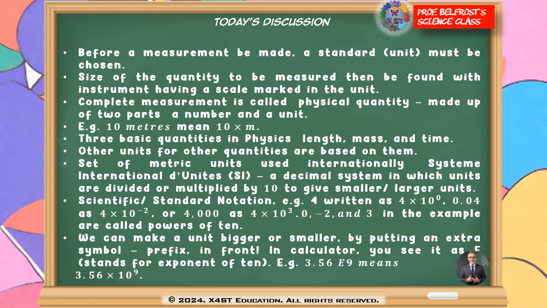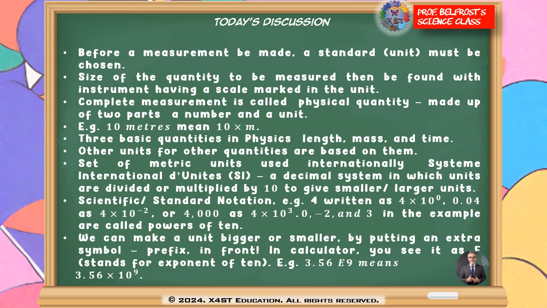So let's see what we can learn today. When we are talking about units and measurement, we need to know first about measurement. When we are about to measure something, we must know what standard or what unit we want to use. So first, we need to choose what standard or unit we will have for the measurement.